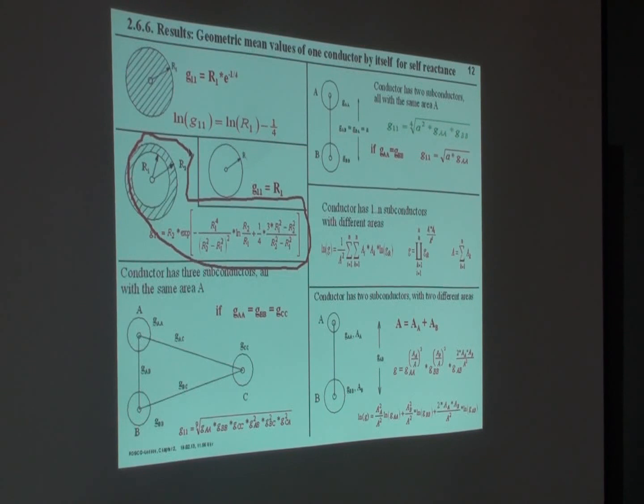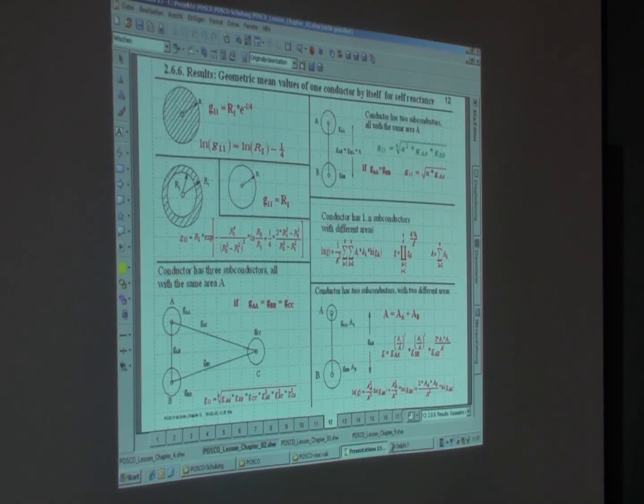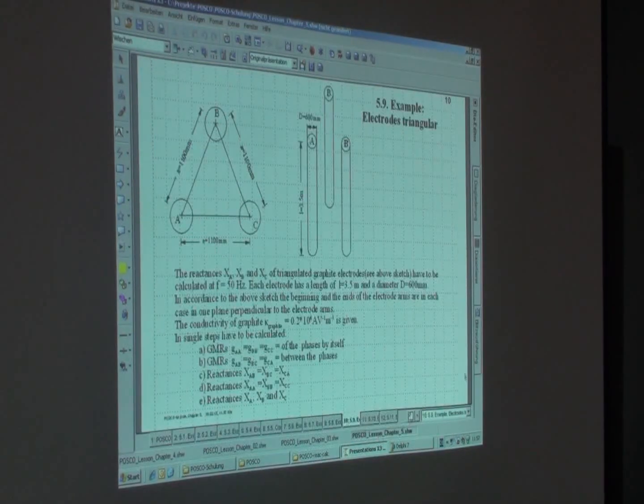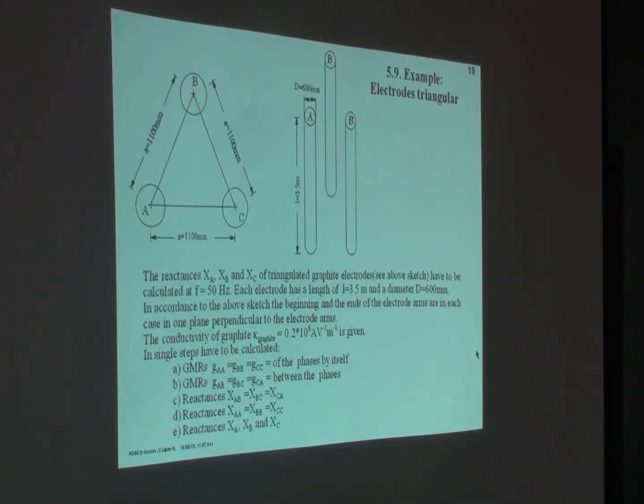Okay. What do we put in this formula? R2 is, we go back to chapter 5. I think you have already said the correct answer is 300 millimeters.